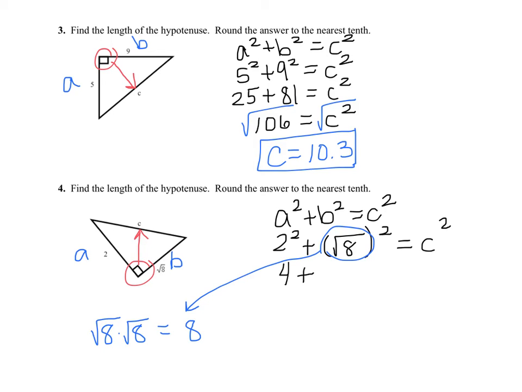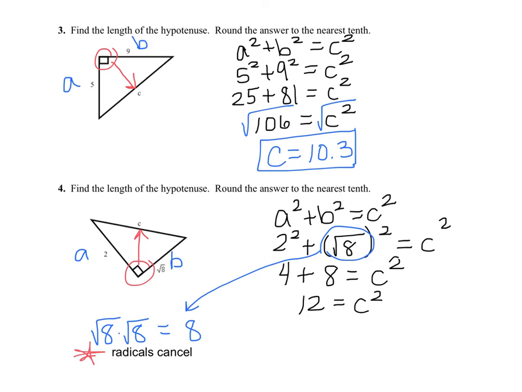So the radicals cancel out whenever you multiply the same square root by itself. So that's going to give us 8 equals C squared. Then we have 4 plus 8. 4 plus 8 gives us 12 equals C squared.